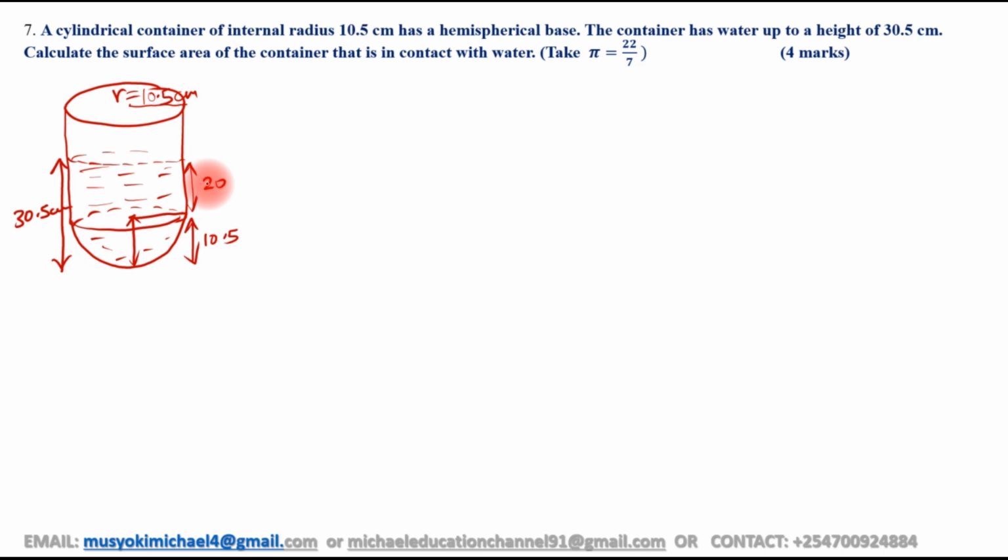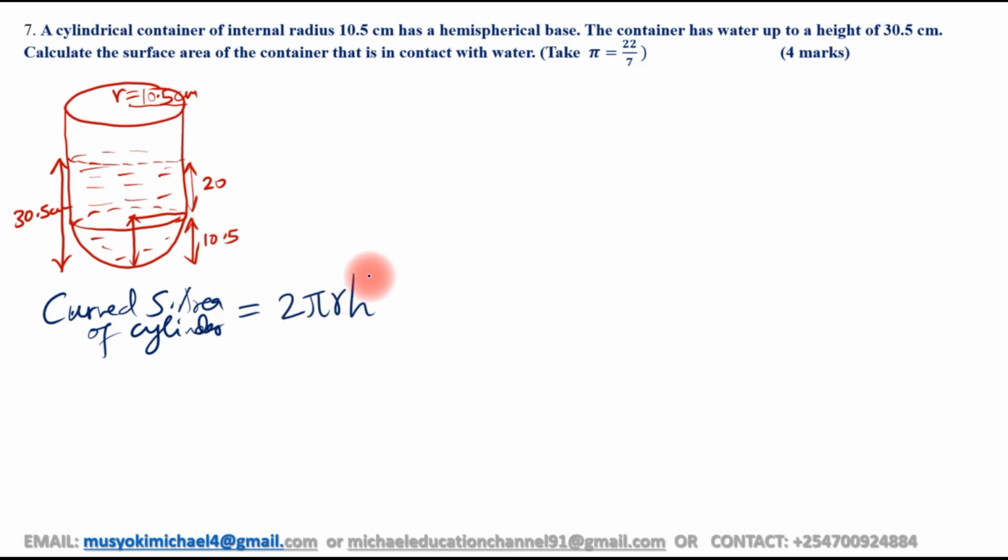Therefore, now we need to find the surface area of the container in contact with water. So we get the curved surface area of the cylinder, which is given by 2 pi r h. So the circumference times the height of that cylindrical part.